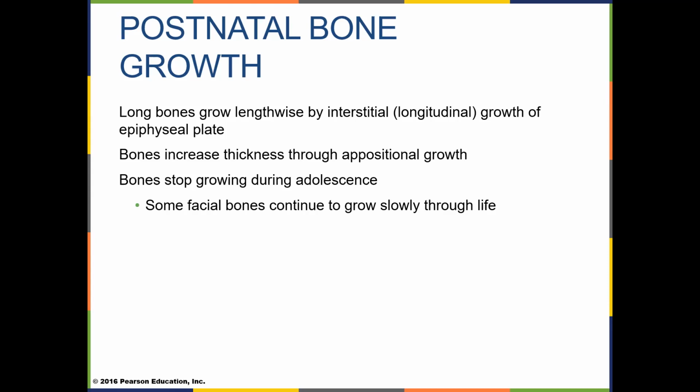The thickness of the bone increases. The appositional growth is in response to stresses. The more you exercise, the more you work your muscles that pull on the bones, the stronger the bones are going to get and the thicker they're going to get. So you have appositional side-to-side growth in response to those demands.